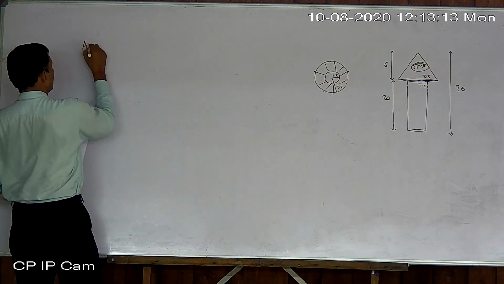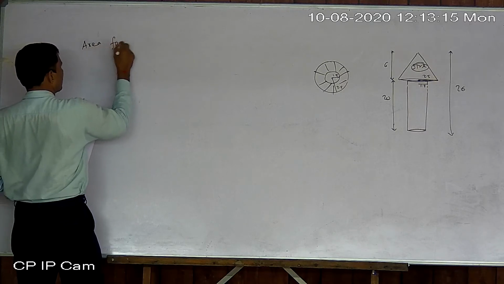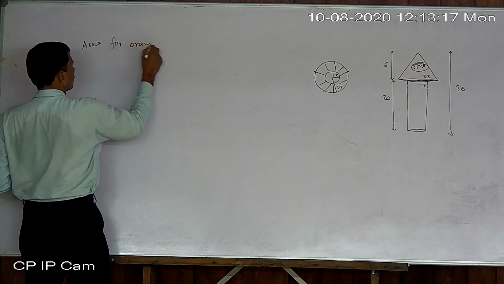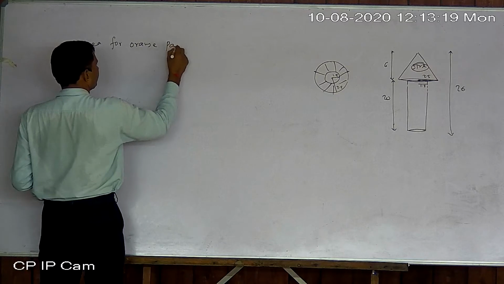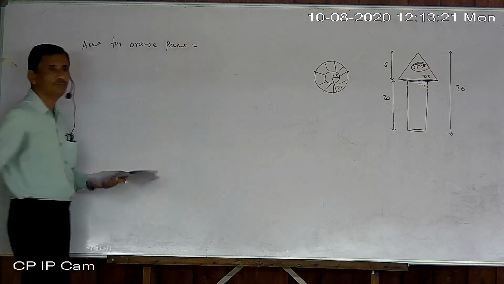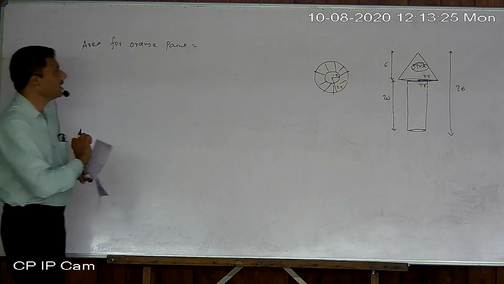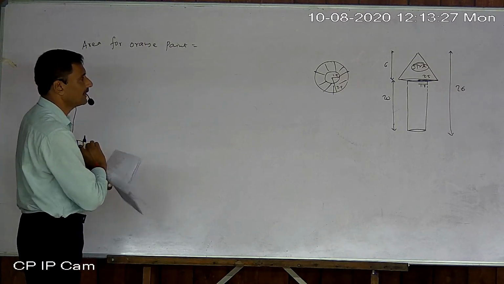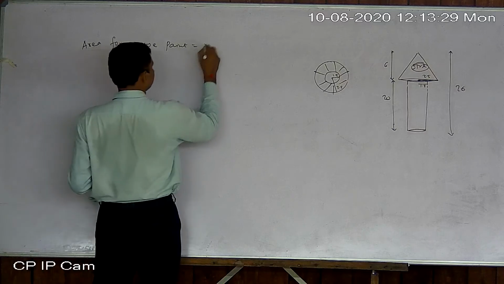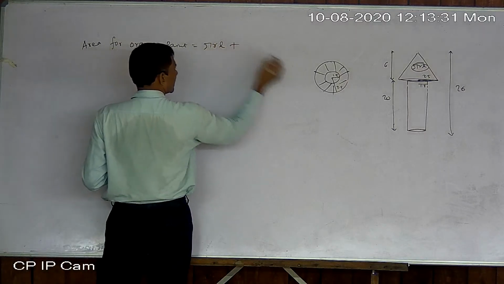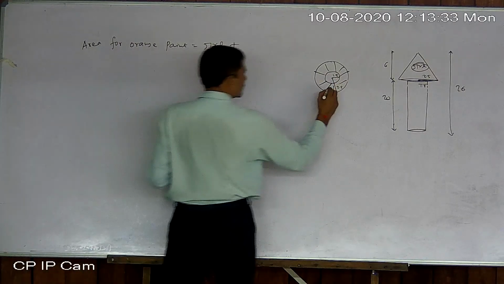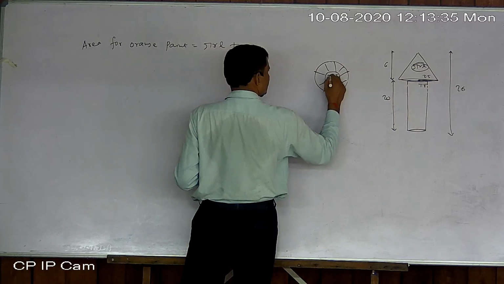So area for orange paint equals, how much will it be? It will be pi r L plus this part. Suppose this is a capital R and this is a small r.